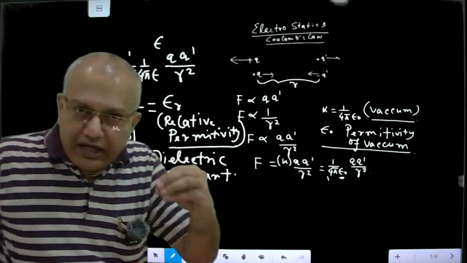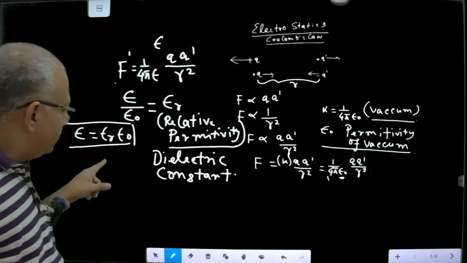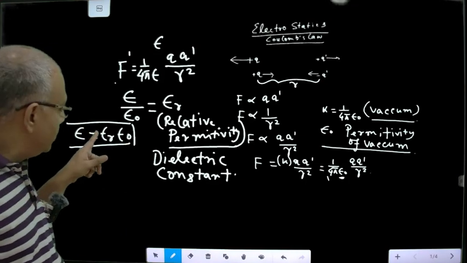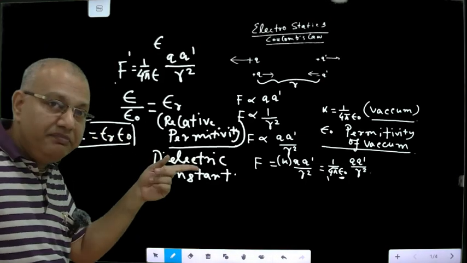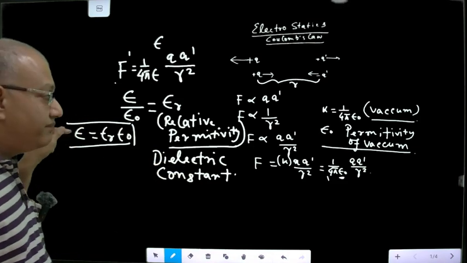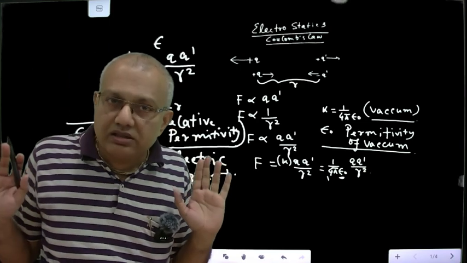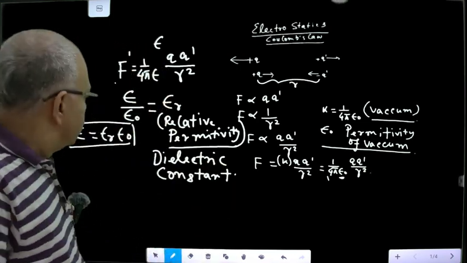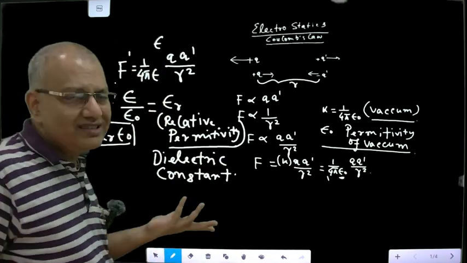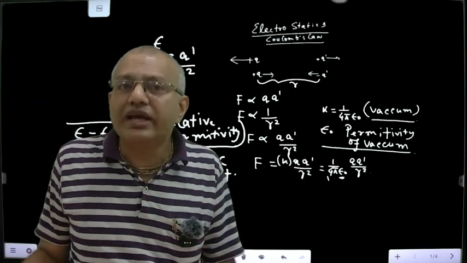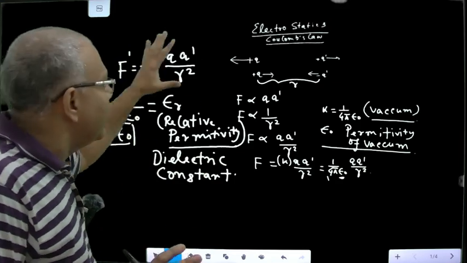The permittivity of a medium is epsilon naught into the relative permittivity of that medium. Clear? I think so. So whenever the relative permittivity changes, the value of the force is going to change. Okay. So up to this point, I think everyone is clear.